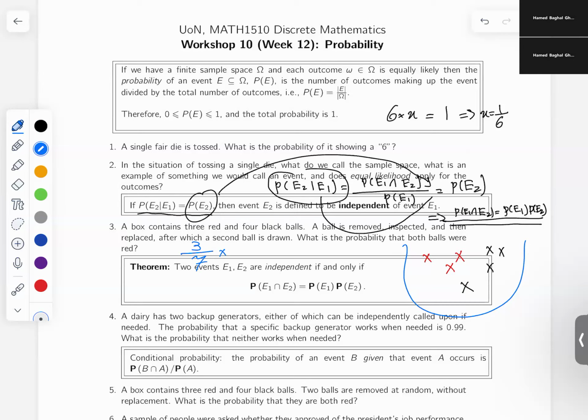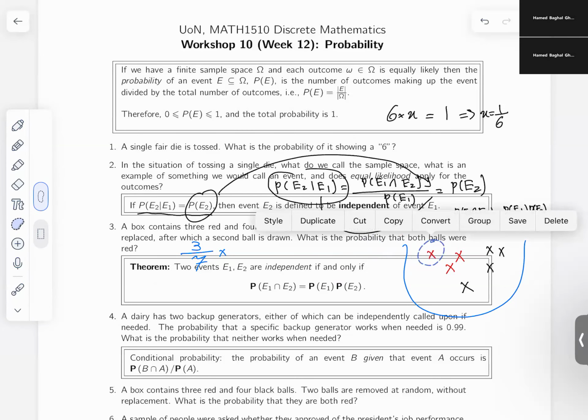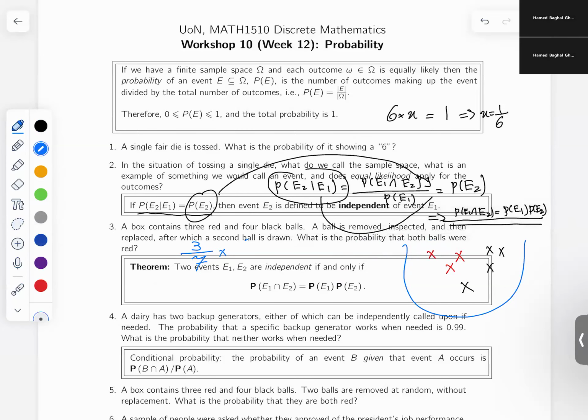Now, both red means one action consisting of two consecutive or repeated actions, which means multiplication principle. Second one, since we took one here but we put it back again, the situation is the same. So 3 over 7. So this will be 9 over 49. Yeah, question 3.